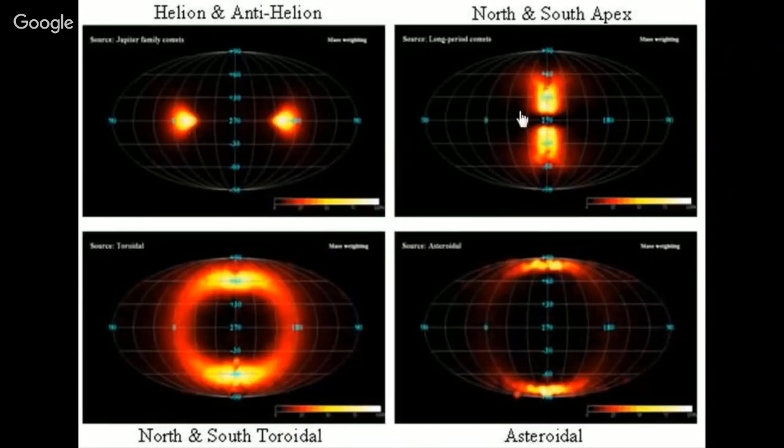Then we have the north and south apex. We have an octahedron in the middle of the concave Earth, in the middle of heaven, behind the celestial sphere. And the north and south toroidal origin actually traces the perfect outline of the celestial sphere. Even this asteroidal one does as well.